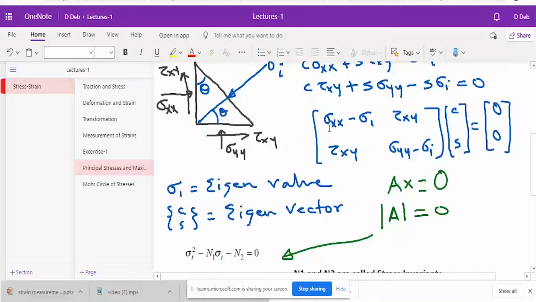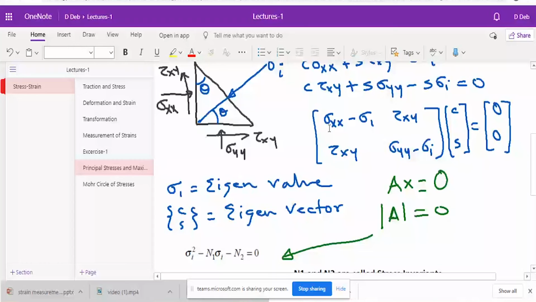Now, how do I then find out what is C and S? Can anyone tell me? C square plus S square is equal to 1. Perfect. So we have another relationship, C square plus S square equals 1. You now put that, then you find the C. C is nothing but cos theta, and you know the theta.